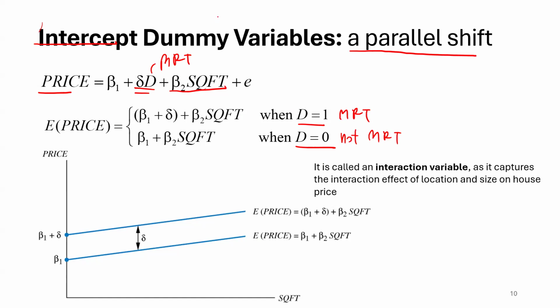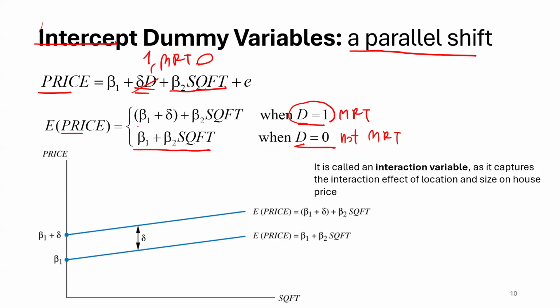So let's imagine the house that is not close to MRT, so dummy equals zero. So this one is zero, right? So it becomes square feet. This is the normal equation, just the normal equation. But when this house is close to MRT, dummy equals one.